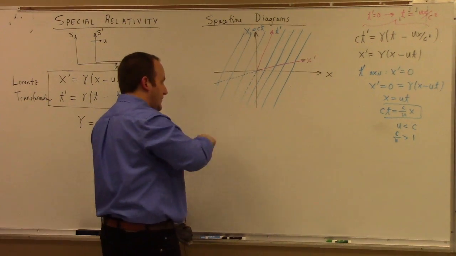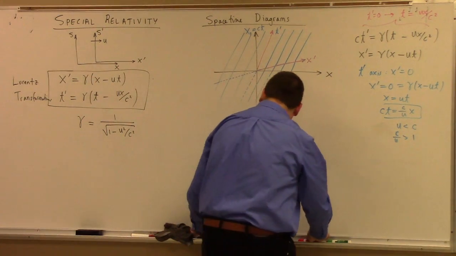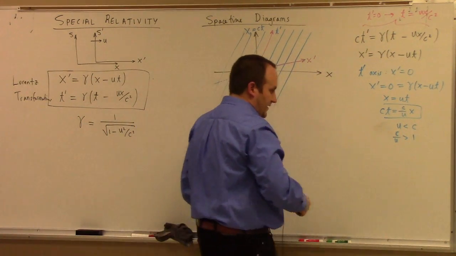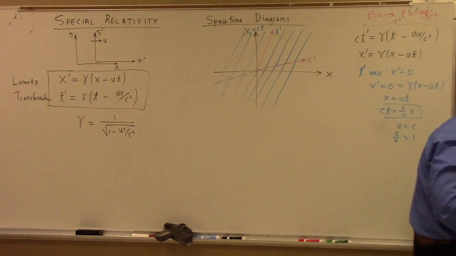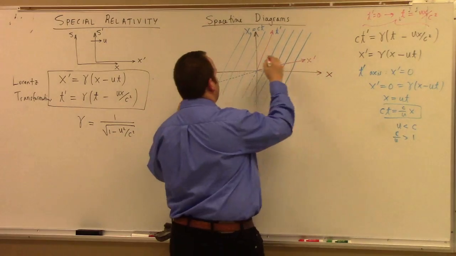And then also I should draw equal time prime lines. Like, let's see here, I'll use blue. Oh, I used blue. I don't know, pink, whatever. So.